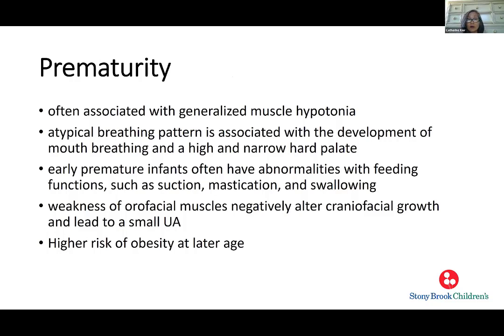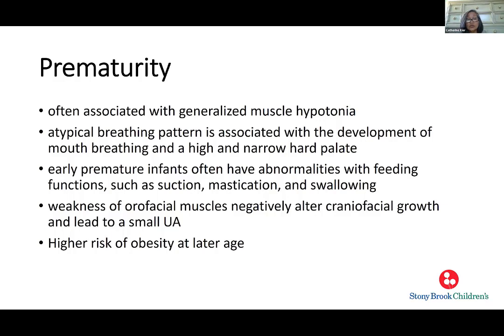One, they are often associated with generalized muscle hypotonia, and they have an atypical breathing pattern, and this leads to the development of mouth breathing and alteration in the anatomy of their upper airway. So they usually develop a high and narrow hard palate. These premature infants also have abnormalities with feeding functions, and so they are more prone to upper airway inflammation, and also the effects of reflux and aspiration.